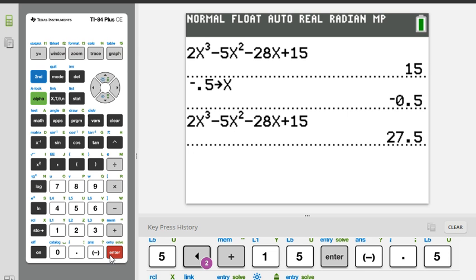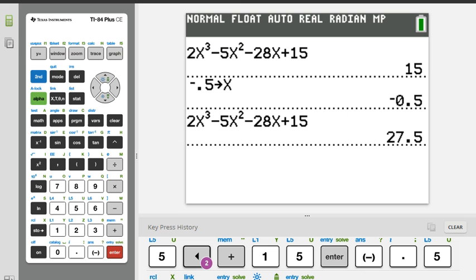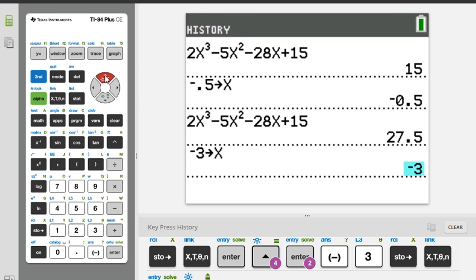The next one that they're looking for is we want to evaluate p at negative 3. So I'm going to go back and I'm going to go to my calculator, negative 3, store into x. Hit enter. And then I'm going to go grab the equation that I want.